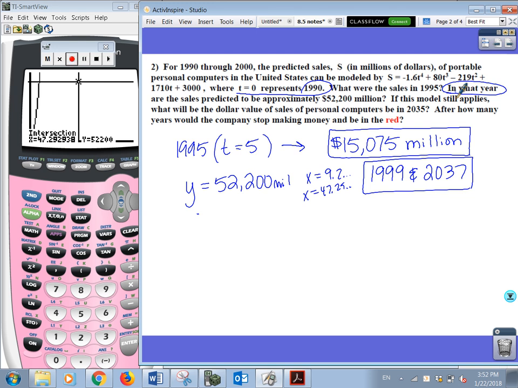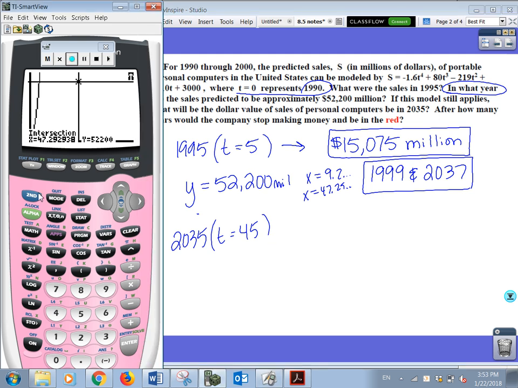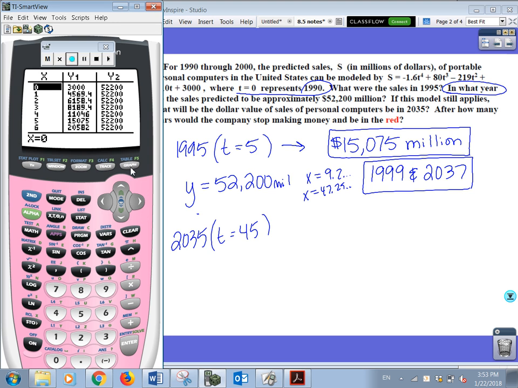All right, if this model still applies, what would the dollar value be of computers in 2035? So 2035 means that t is equal to 45. So now we can just go back to our table, second graph. But I don't want to scroll 45 times.